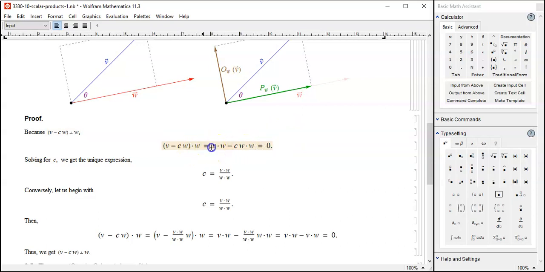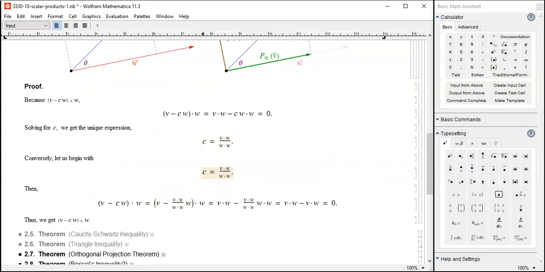Break up this parenthesis, then V dot W minus C times W dot W is equal to 0. So flip this part over to the other side and divide by this W dot W here. Then you're going to get C equals this quantity, V dot W over W dot W. It is just the solution of this equation with respect to C. No problem there.